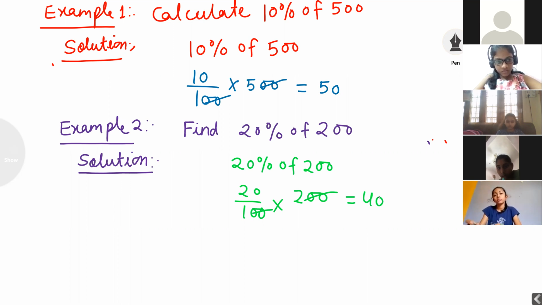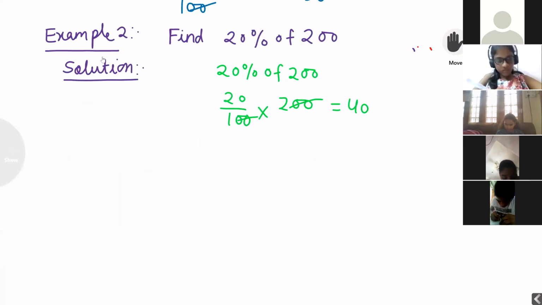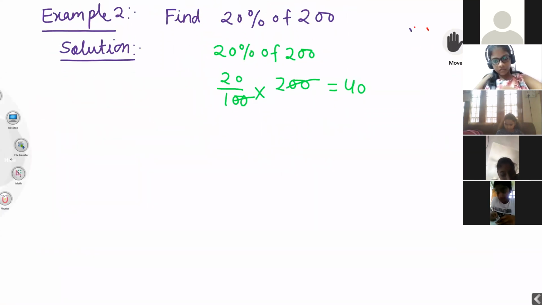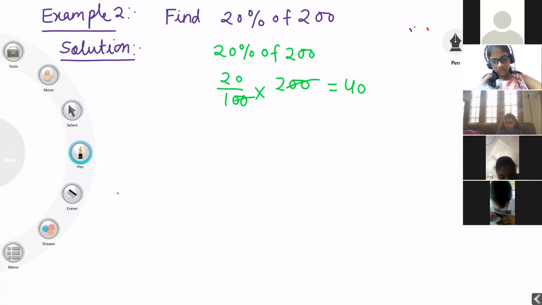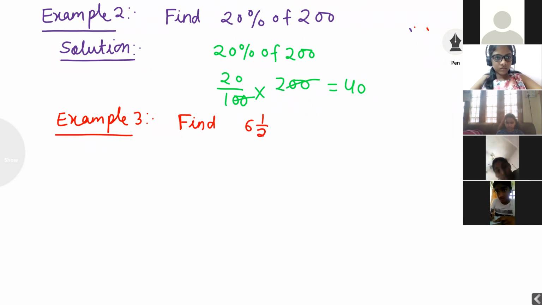Next, example 3: find 6 integer 1 by 2 percentage of 120 kilometer.